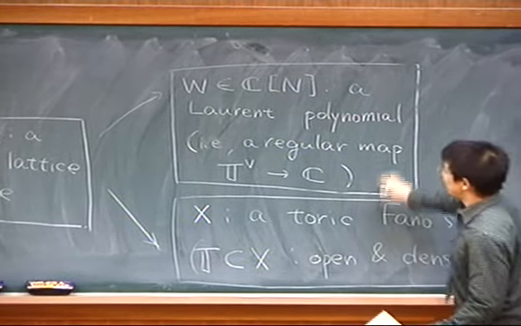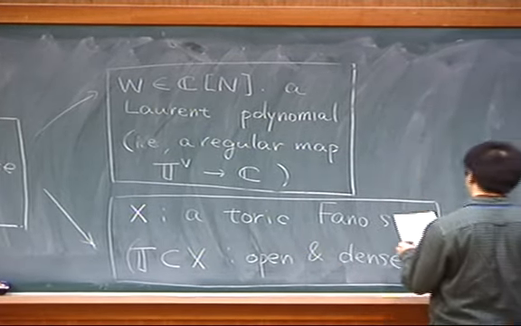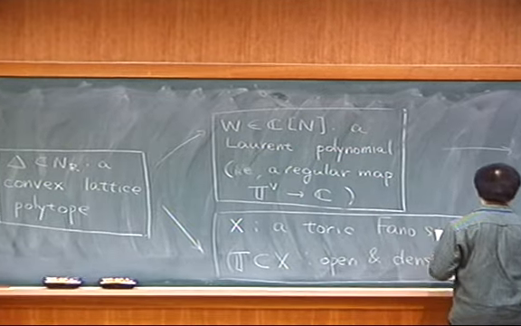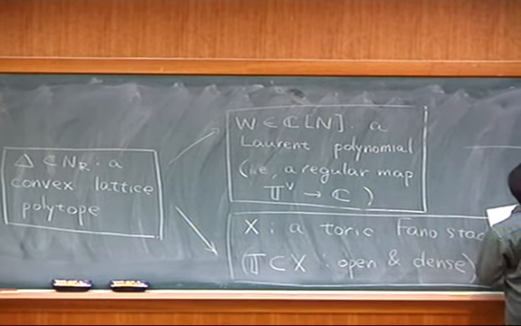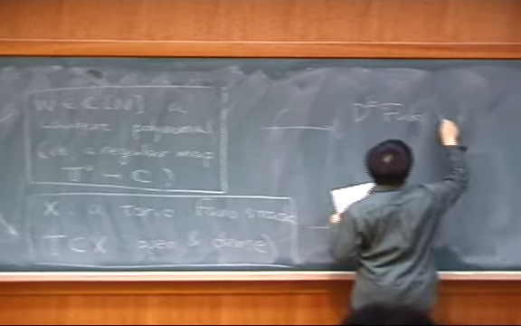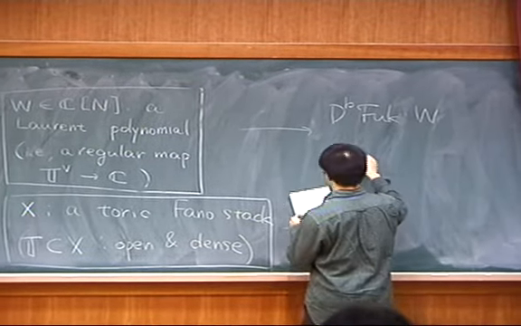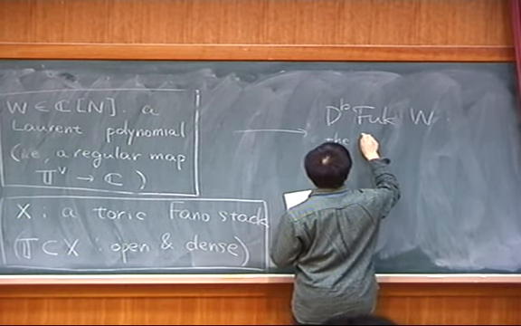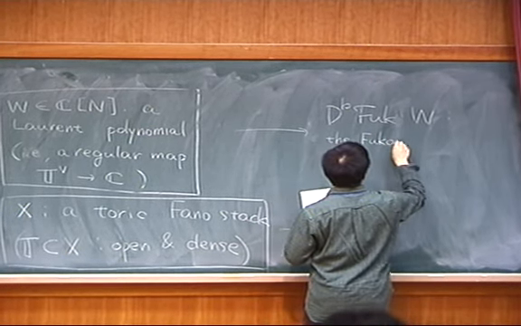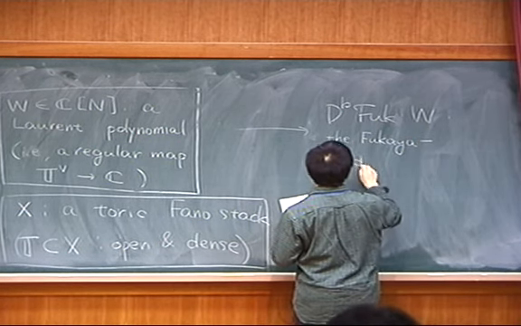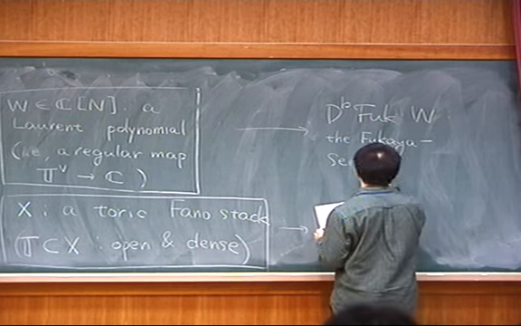And with these two objects, we associate two triangulated categories. Well, one is the Fukaya-Seidel category of W, or the derived category of it.